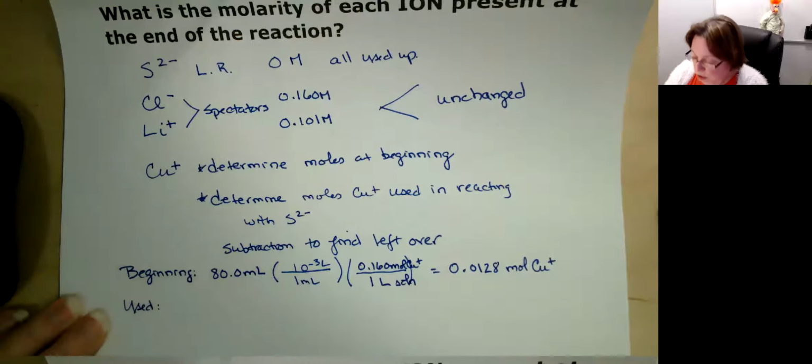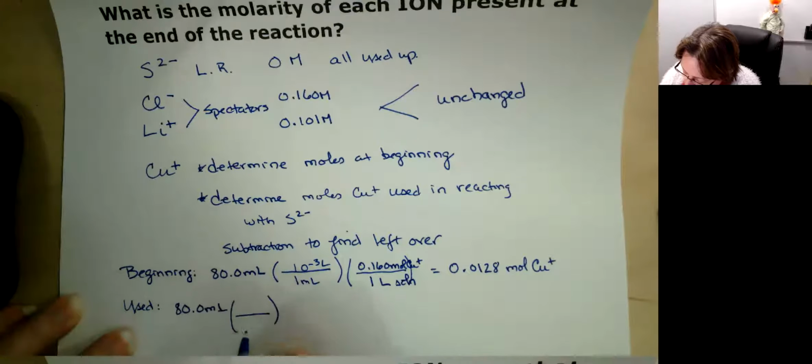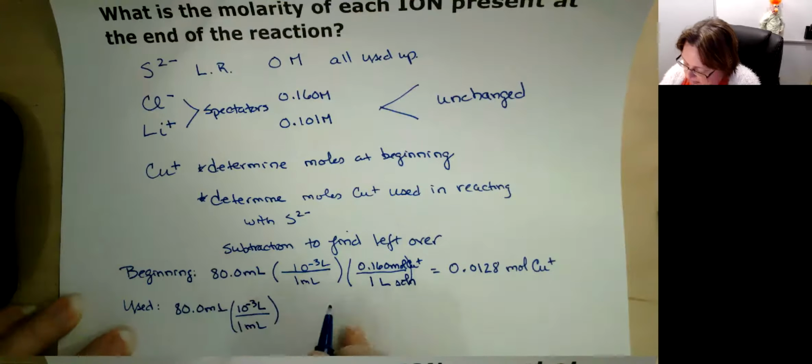Okay. So we're going to start with our sulfide ion, and we're going to use our balanced reaction to tell us how many moles of copper would have reacted with all that. So again, we start with what we know about the sulfide ion, and it was in that same 80 milliliters. We still need to get into liters. 1 milliliter, 10 to the minus 3 liters.